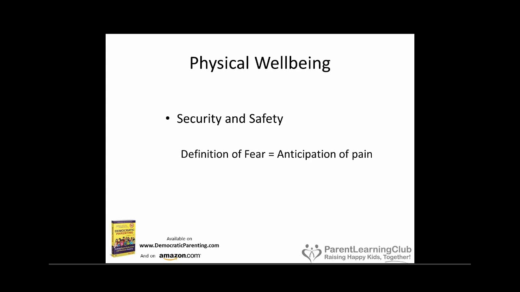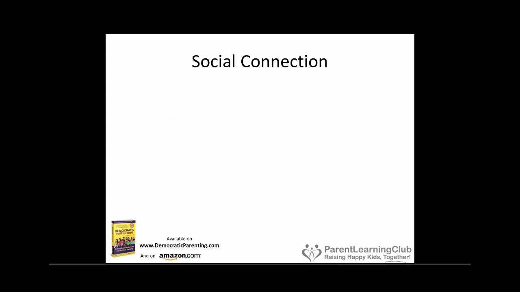The next need is around social connection. This is the sense of belonging, of feeling connected, knowing our place in our social group. And the key here is the child's sense of connection, not if you feel connected to your child, but how much your child feels connected to you and to their environment, to their family.